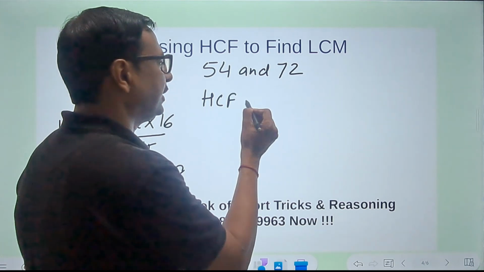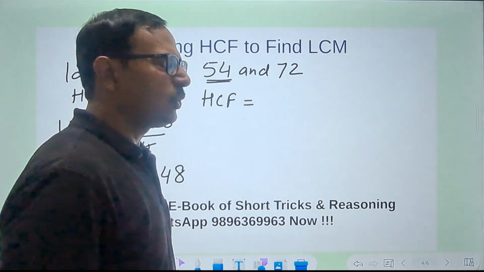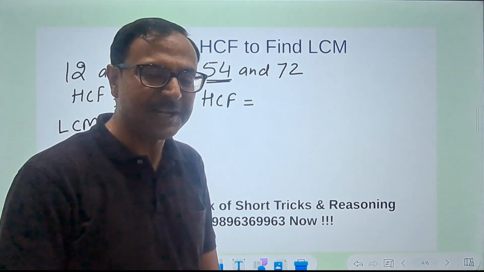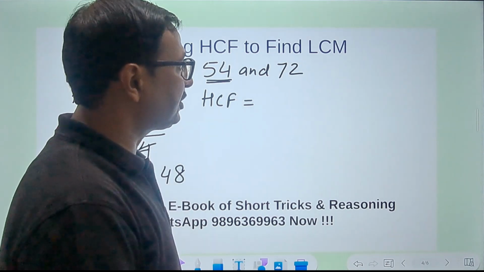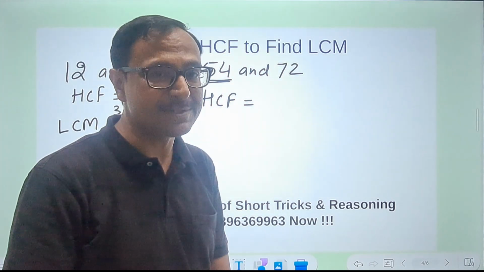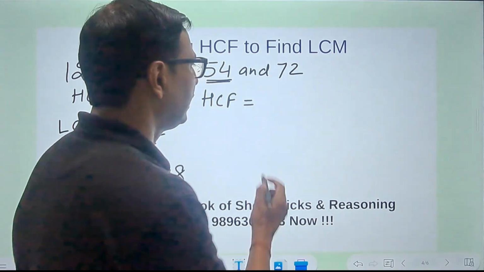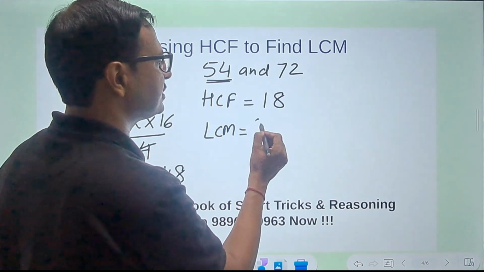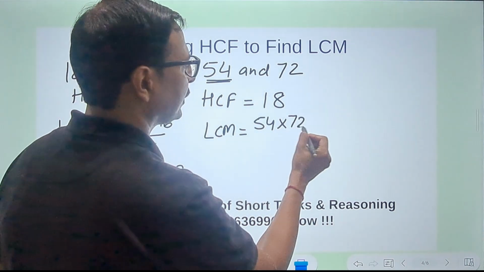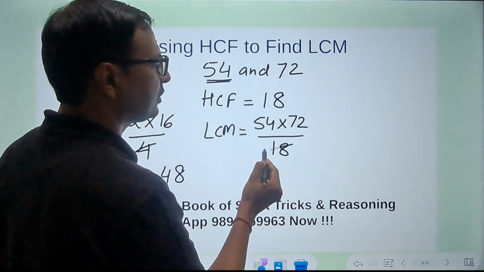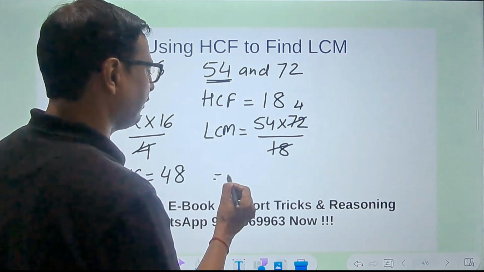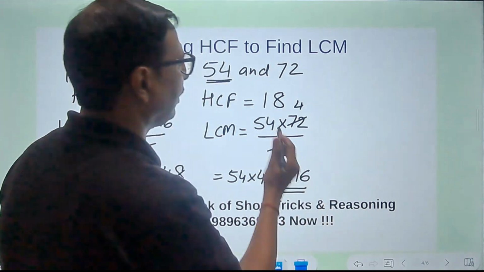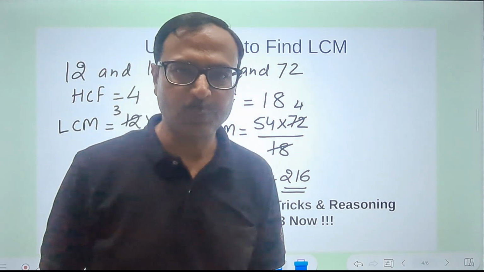So you should know that 54 goes into 18, right? 18 times 3 is 54, and 72 also goes into 18. 18 times 4 is 72, and therefore the highest common factor is 18, and the LCM of these two numbers will be the product of these two divided by 18, which again, the 18 cancels this 4 times, and 54 into 4, that is 216, will be the LCM of 54 and 72.